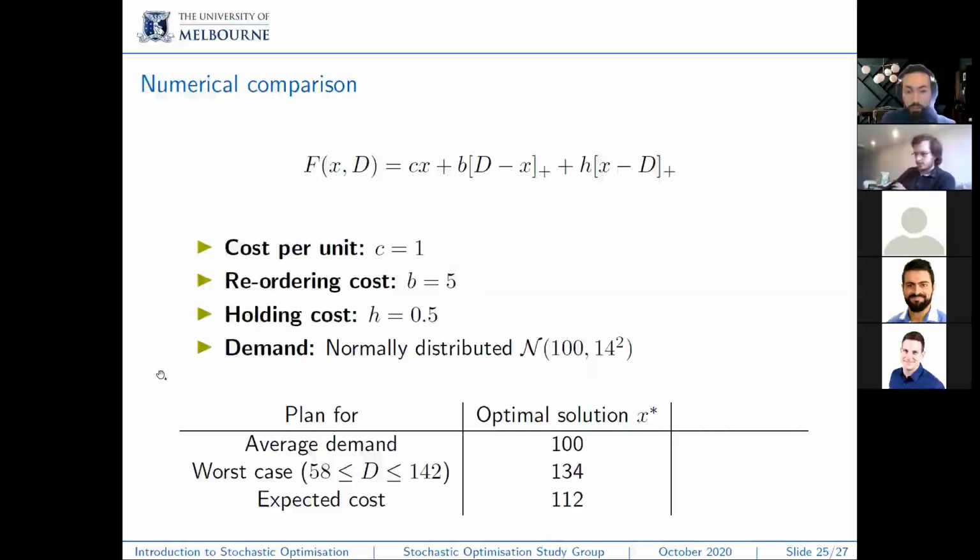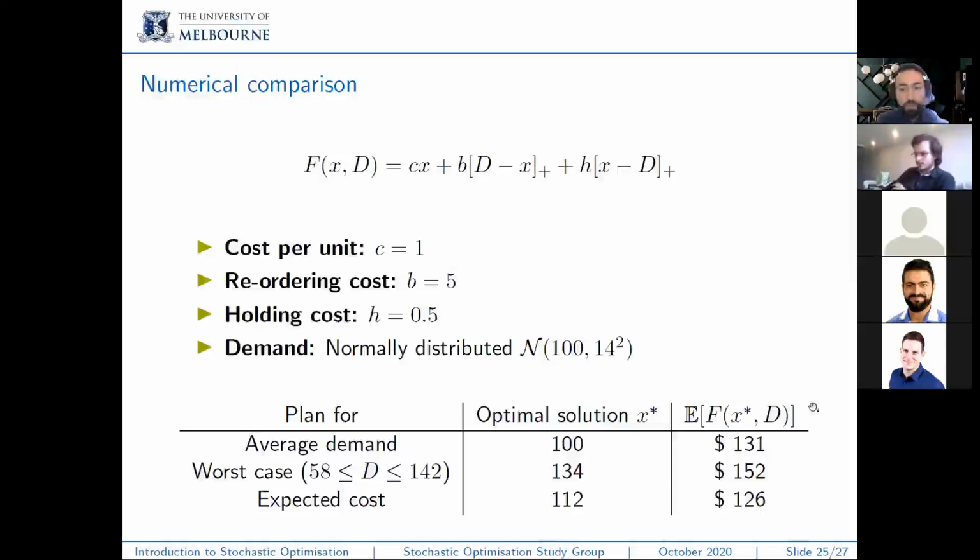Now, in the next column, because if you recall, all of these three are minimizing different costs, and in order to compare apples to apples, I wanted to see, okay, these approaches tell me how much to buy, and now I'm going to assess how much it's going to cost me in the long run using this.